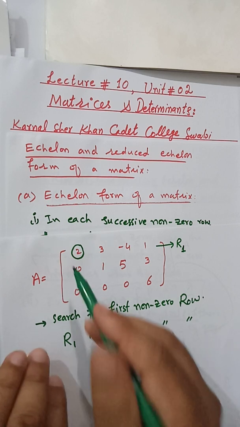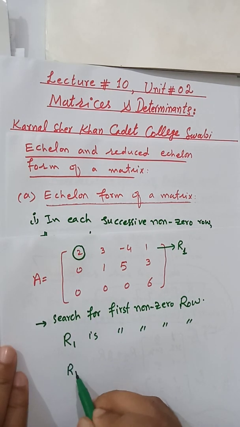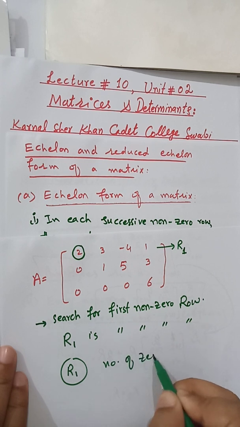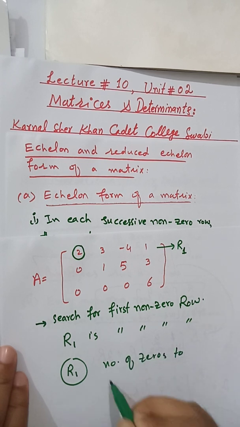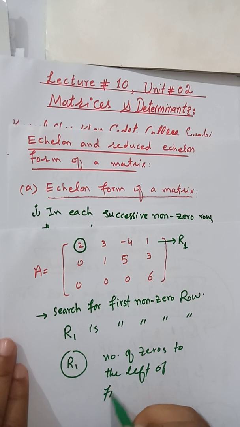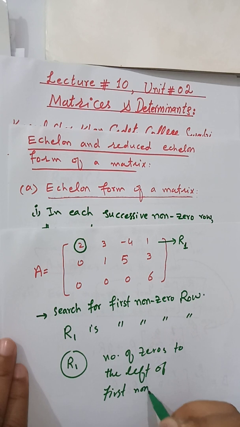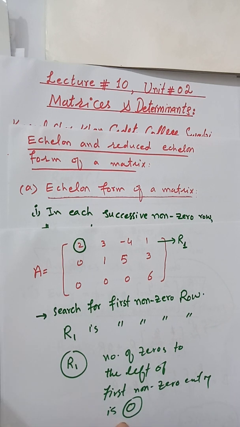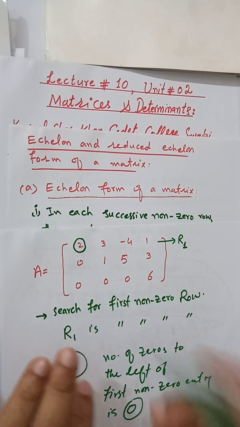So in the first non-zero row, the number of zeros to the left of the first non-zero entry is 0.